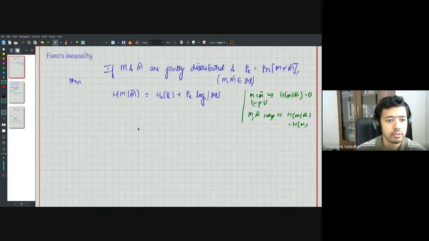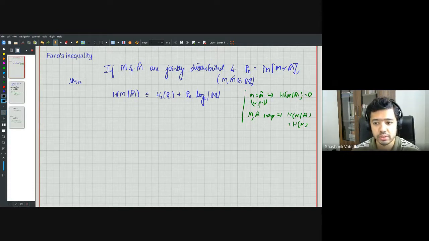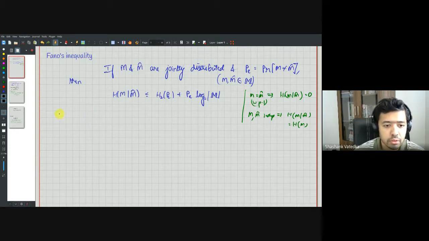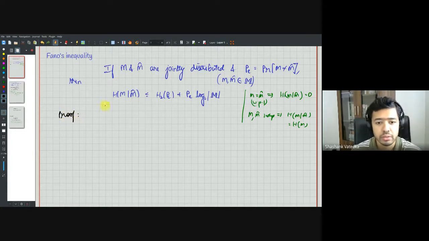All right. So let's try to prove this inequality. It's a very simple proof. You start by defining a random variable E, which is basically the error random variable.